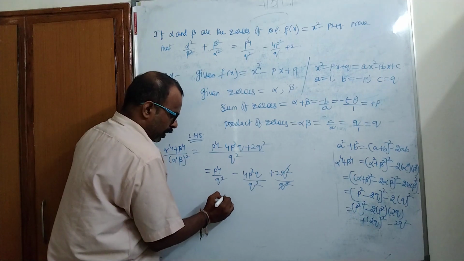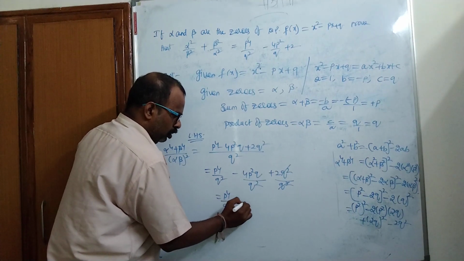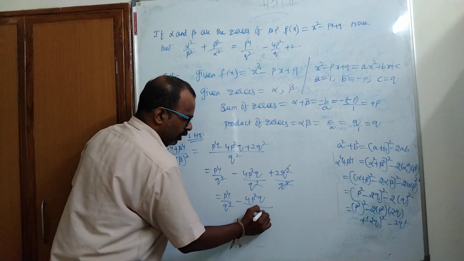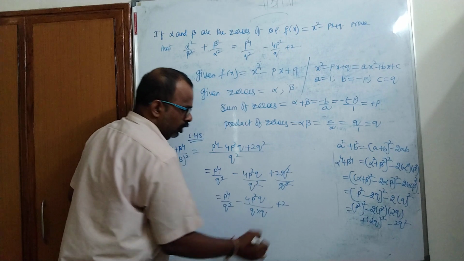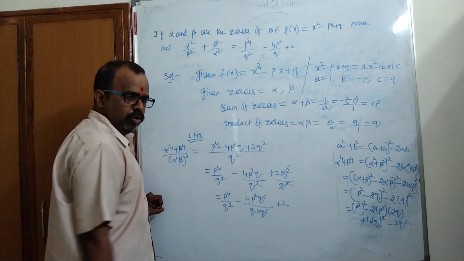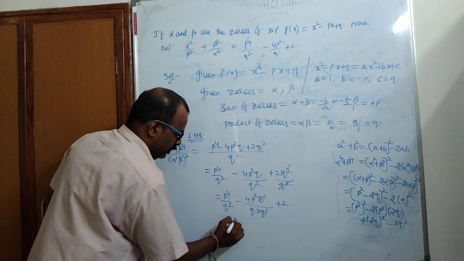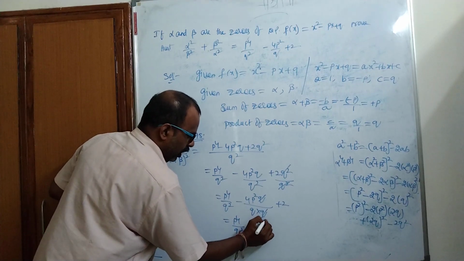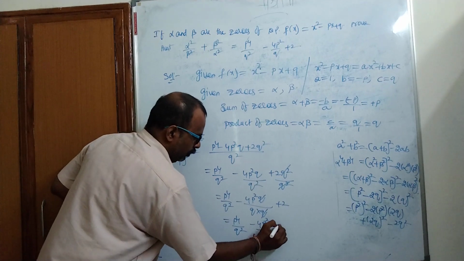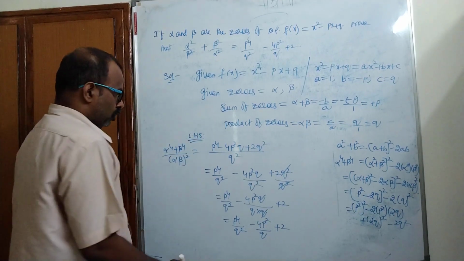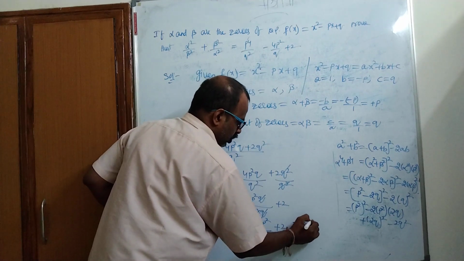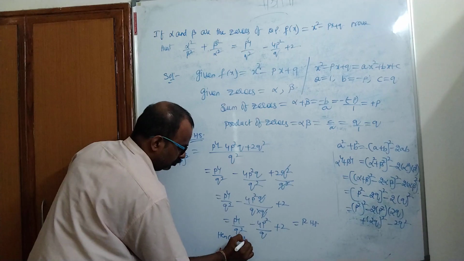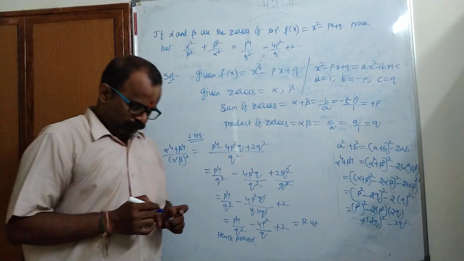So here p power 4 by q square minus 4p square q by q square, where I am writing q square as q into q, so q and q will get cancelled. So that is equal to p power 4 by q square minus 4p square by q plus 2. So this is your RHS. So hence proved. Okay. Thank you everybody.